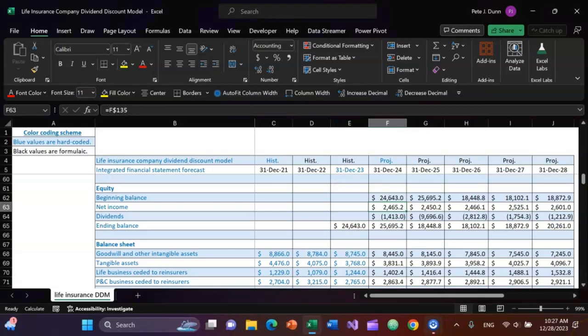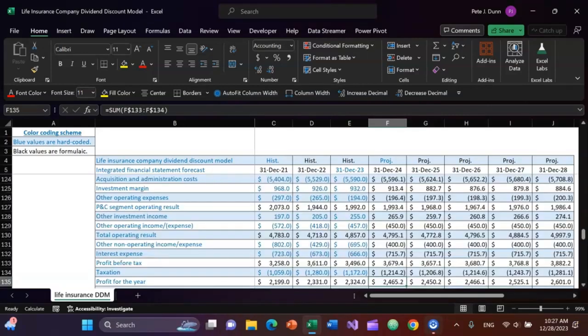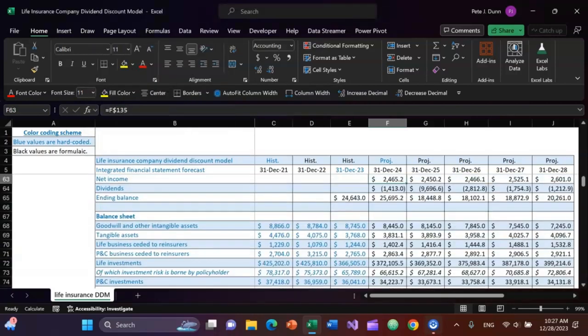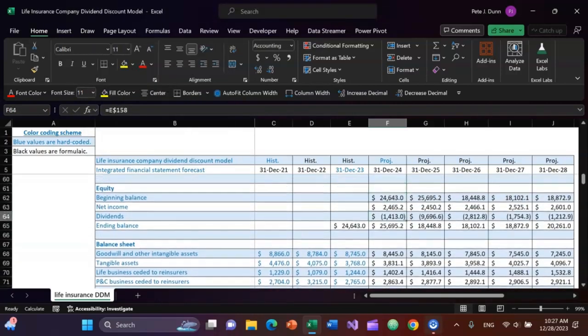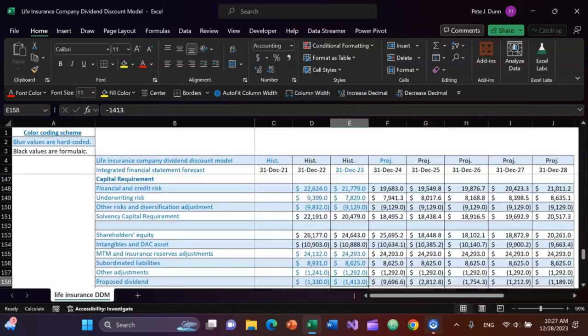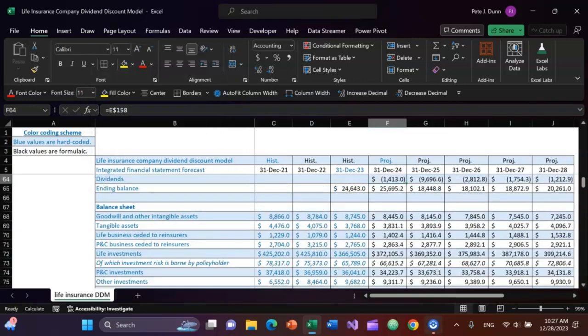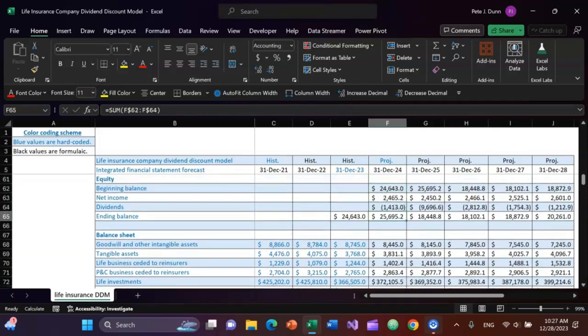You can see that net income is in row 135, so I can do Control F bracket and see that there. F5 enter to get back. Dividends, I have a dividend schedule in row 158. So Control F bracket to reference that. You can see what the dividend forecast is. F5 enter to get back. Then finally, you sum those up to get the ending balance for equity.